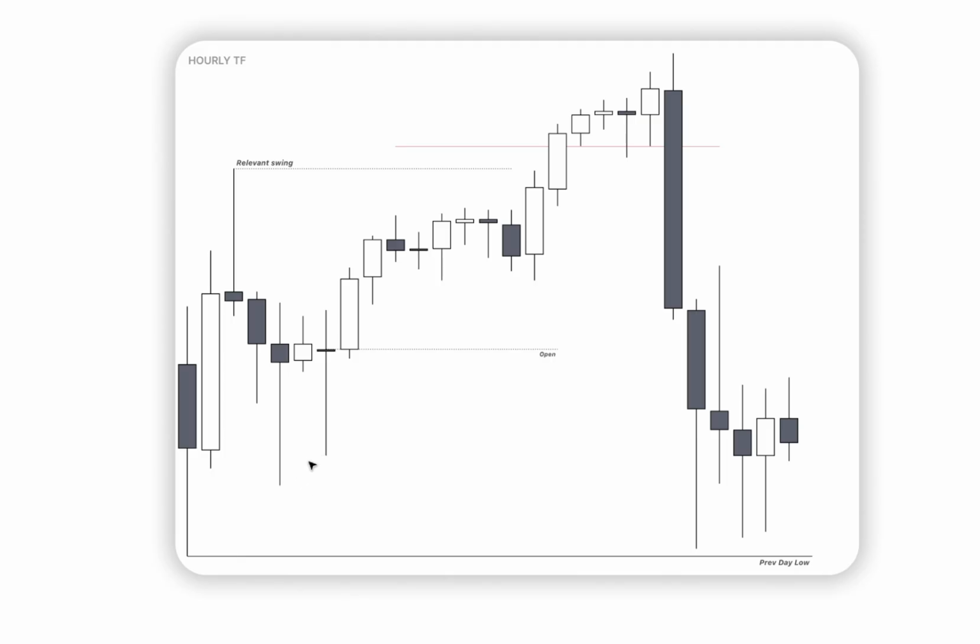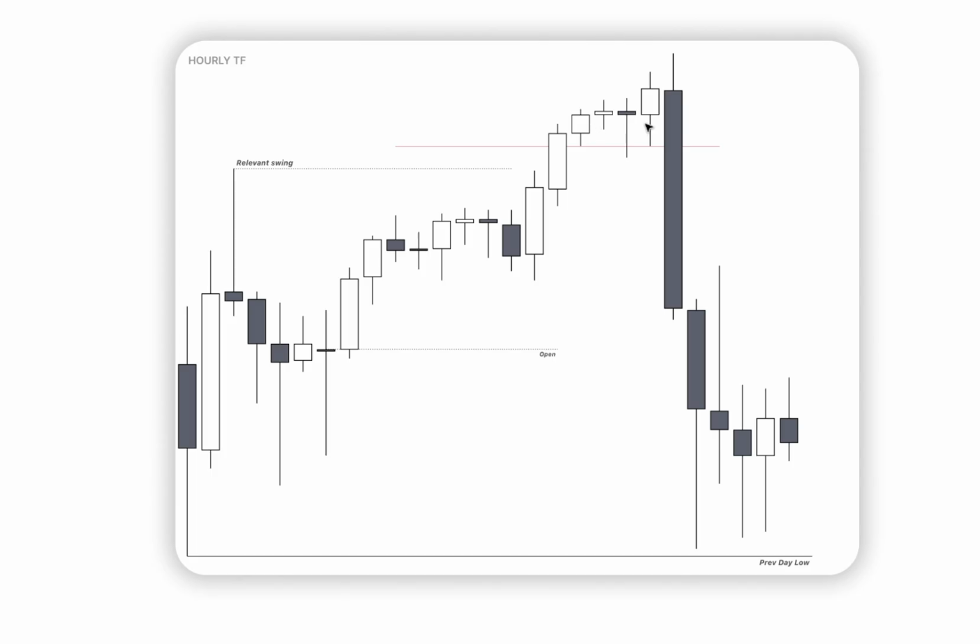Well, this is an SMT with NASDAQ, but it's irrelevant because there's another low right here, the previous day low. This is Friday's low. Monday didn't trade into it. Instead, it just made further swings, and then it traded higher and higher until it got to this relevant swing. So this is a relevant swing from Friday's price action.